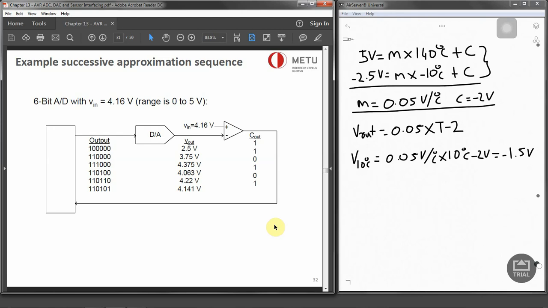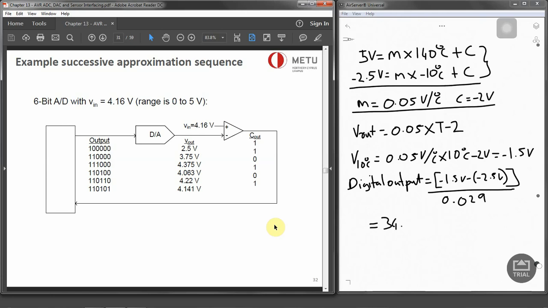And in this case, the digital output is going to be minus 1.5 volts minus minus 2.5 volts, divided by 0.029. So this is actually going to give us 34.4, approximately we can say 34, which is equivalent to hex 22. And this is our digital output.